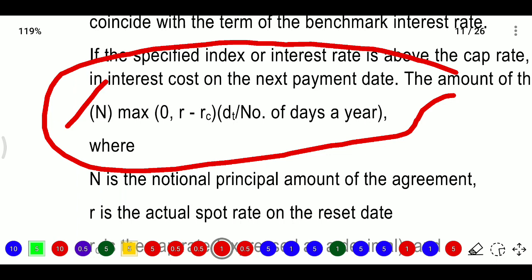R is the actual spot rate on the reset date, and RC is the cap rate, both expressed in decimals. DT is the number of days for the interest period between the reset date and the payment. So the payment is the nominal amount into max(0, R minus RC), that is actual spot rate minus cap rate, into the number of days considered.